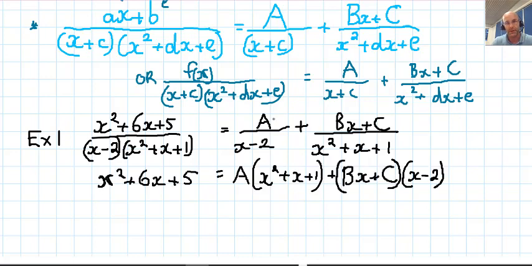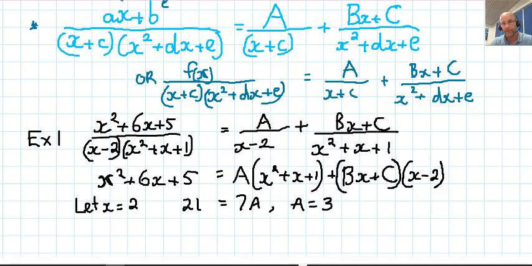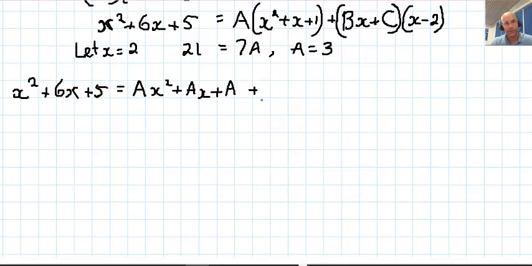Using the same steps as in all the previous videos, we can get that equation there, and we let x equal 2. Okay, and we'll get 21 equals 7a, and thus a is known, a is 3. So what I'm doing now is I'm expanding out everything.